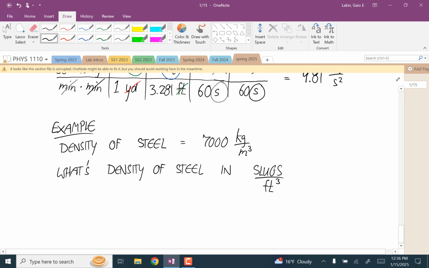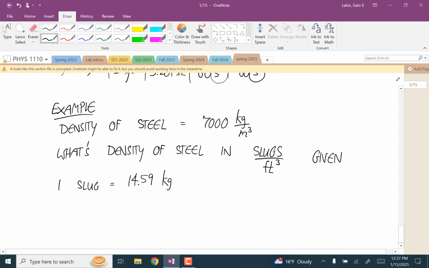Cubic foot, given that one slug is 14.59 kilograms and 1 meter is 3.281 feet. Okay, so I'll pause the video and take a few minutes and see if you can work through this, okay?